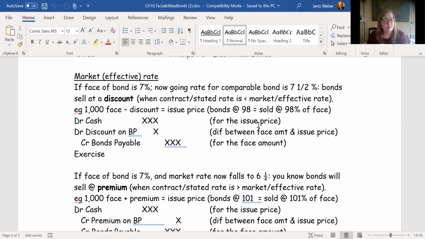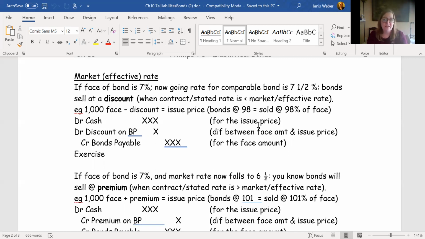So if the interest rate on the bond is higher than the amount that others will pay, then that makes the bond more valuable. If the face rate of the bond, though, is lower than what the market is paying or what others are offering for bond interest, then we're going to have to sell it for less than its face amount because it's less valuable.